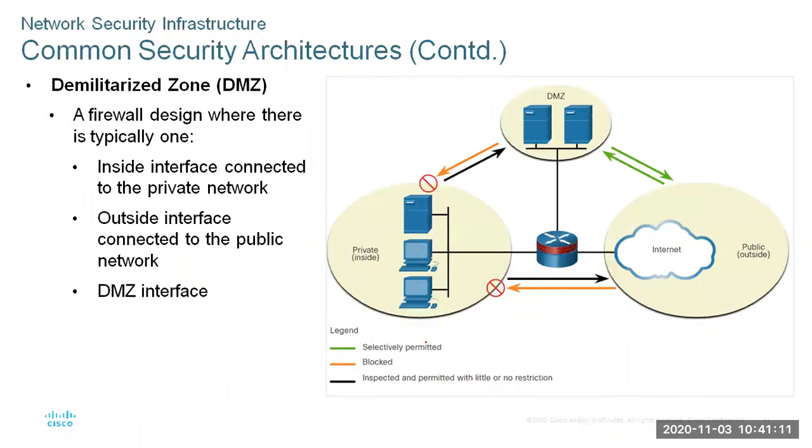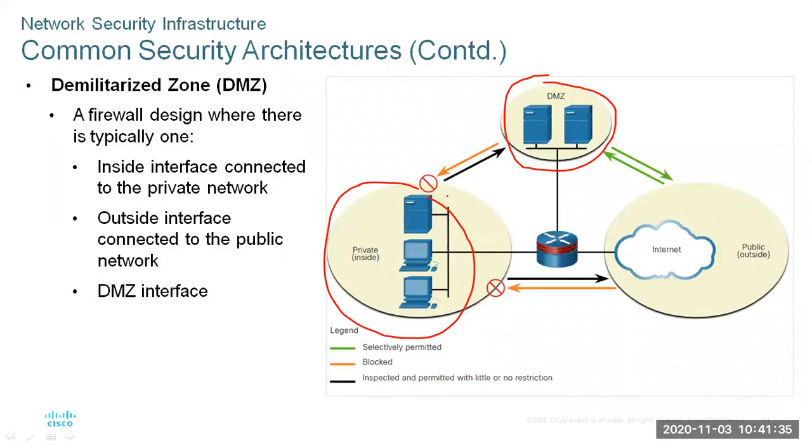So one other way to go about it is to set up what we call a DMZ, a demilitarized zone. Now, a firewall design typically has one inside interface connected to the private network. This is the private network.